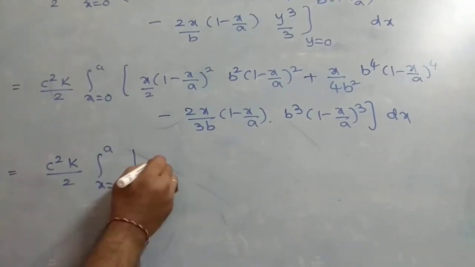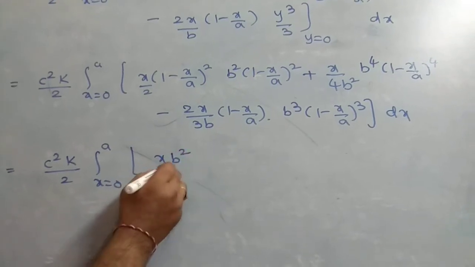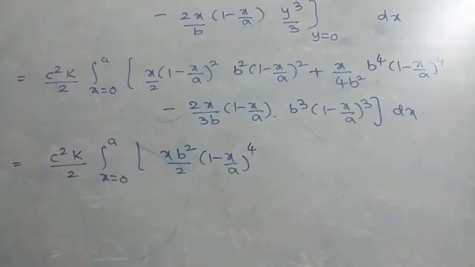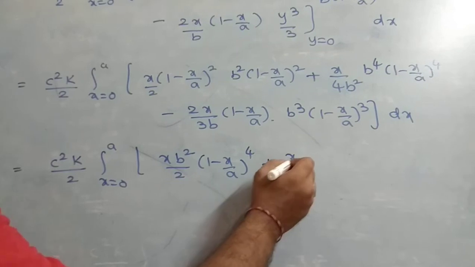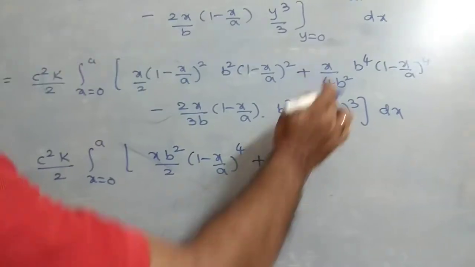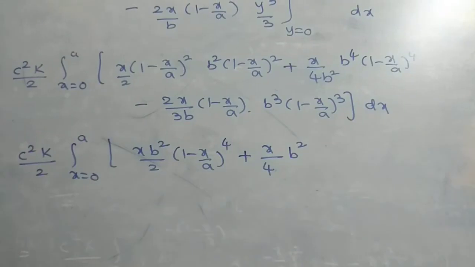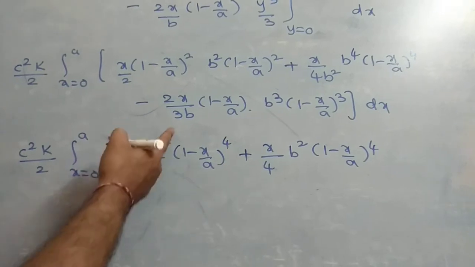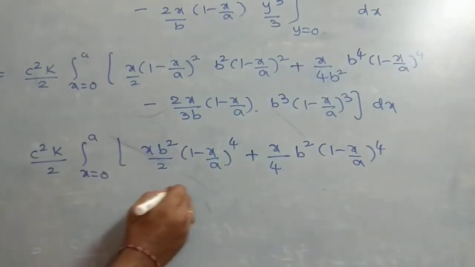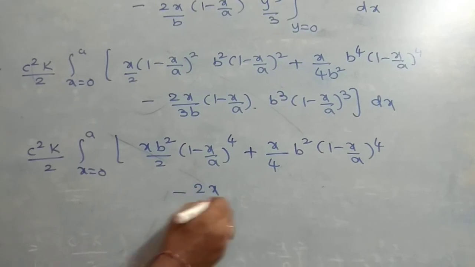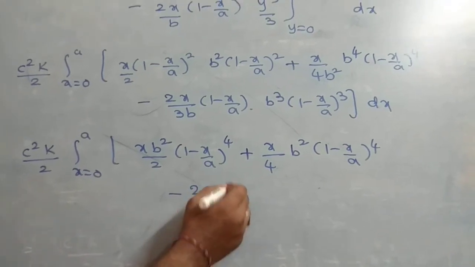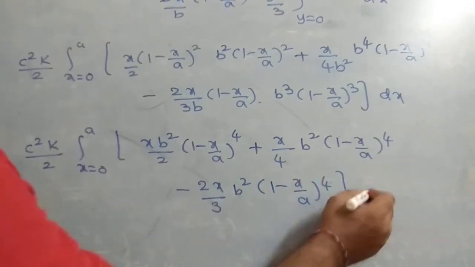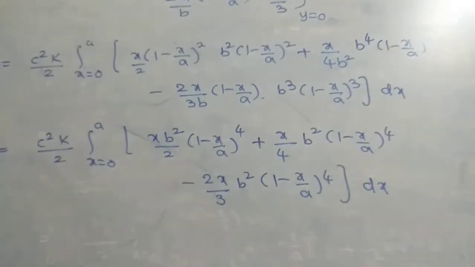It is x b square by 2 into (1 minus x by a) whole power 4, plus x divided by 4, and one b is cancelled, only b square, into (1 minus x by a) whole power 4, and here also one b is cancelled, so minus 2x divided by 3, and still we have here b square into (1 minus x by a) whole power 4. This is of dx. Okay.